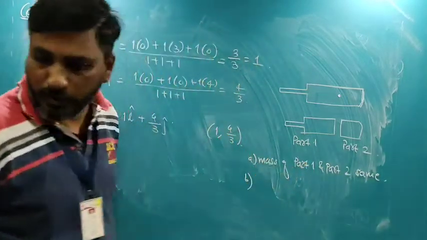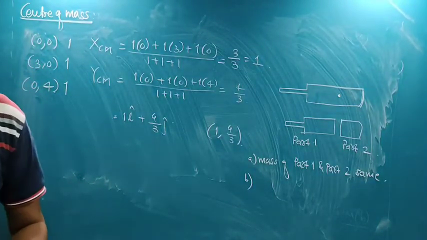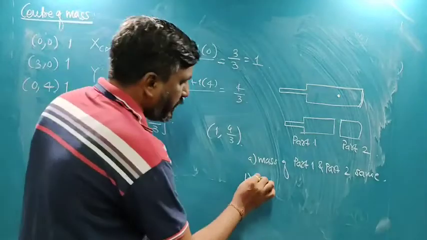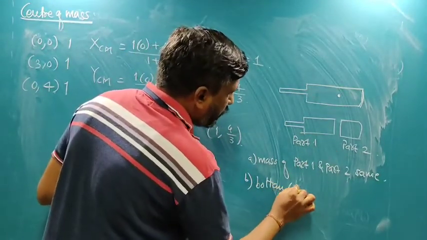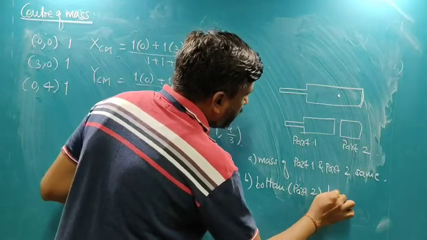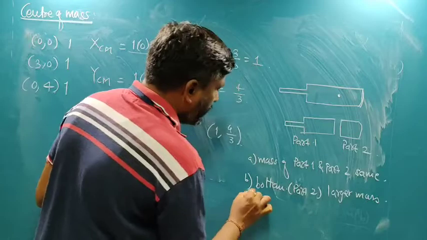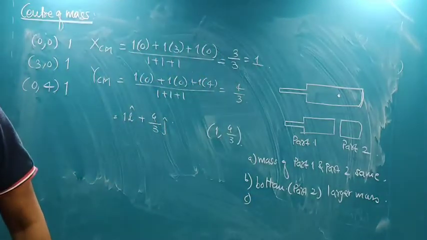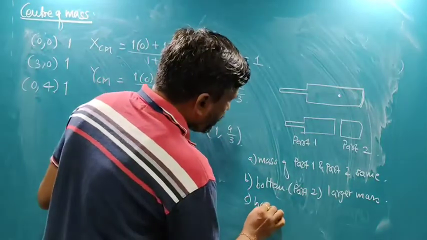In short, I will write the options. The second option is that the bottom piece will have the larger mass. Bottom piece means which one? That is part 2. Part 2 has the larger mass. Then the third option is that the handle piece will have the larger mass.